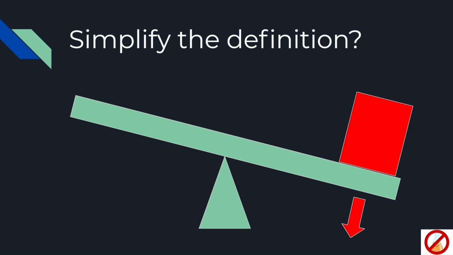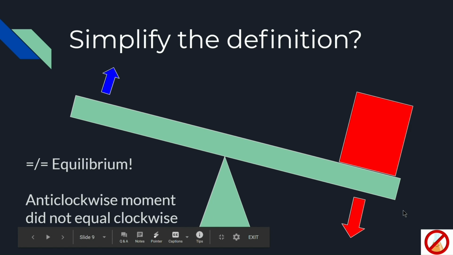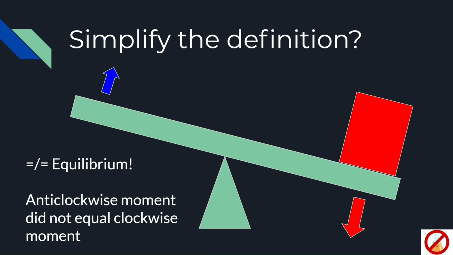So we have a moment acting clockwise on the right hand side, and on the other side, where we have nothing, we have an anti-clockwise moment acting, and this means they are not equal. So we can easily call this not in equilibrium. Which basically means the anti-clockwise moment did not equal the clockwise moment. So we cannot call this equilibrium.